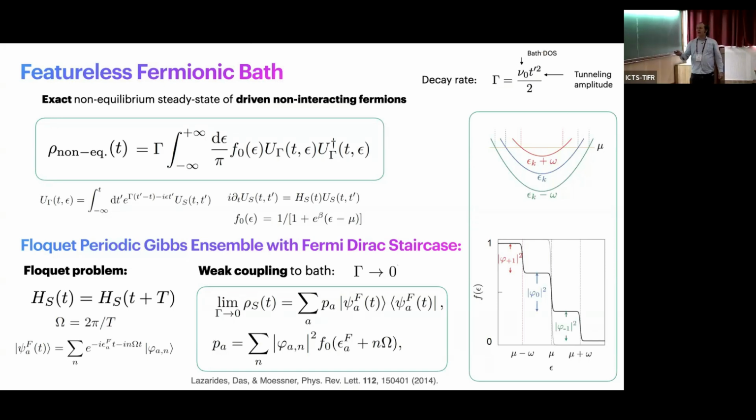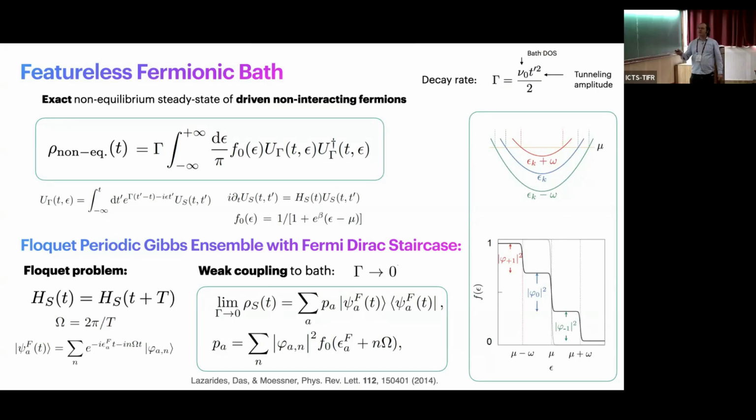Sorry. And so you get this kind of picture. You get a bunch of steps for occupying the different Floquet energies, okay? And this is basically what gives rise to this staircase occupation of the Floquet states.